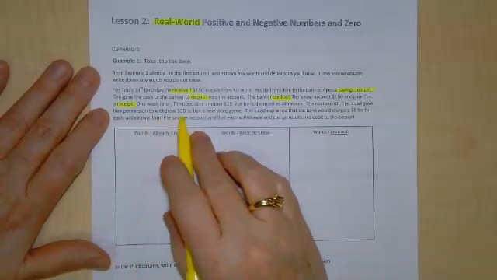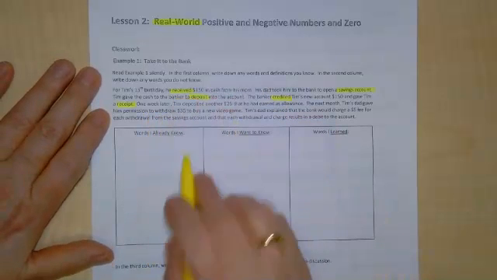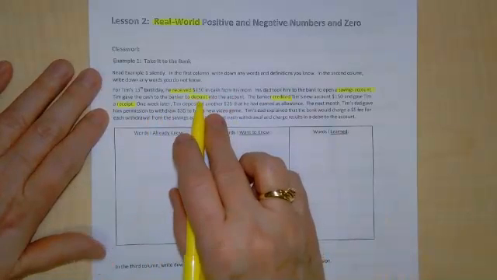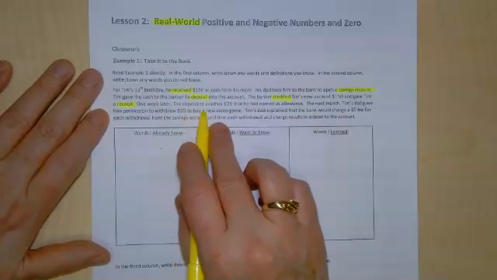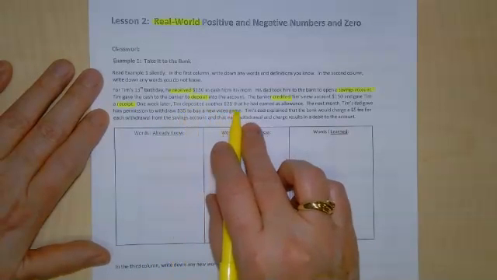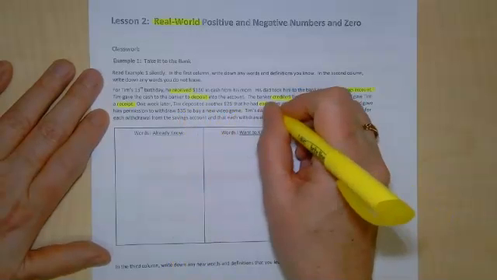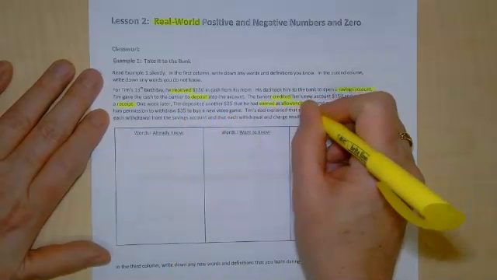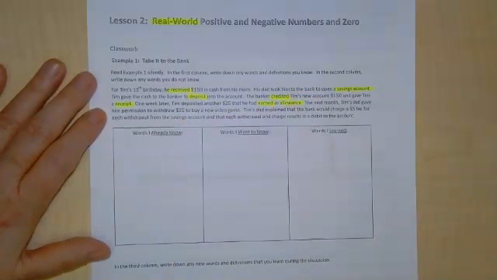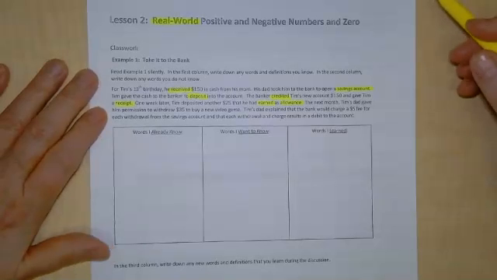One week later, Tim deposited, we already have deposit, so I'm not going to highlight it the second time. Tim deposited another $25 that he had earned as an allowance. Highlight the word earned and allowance.